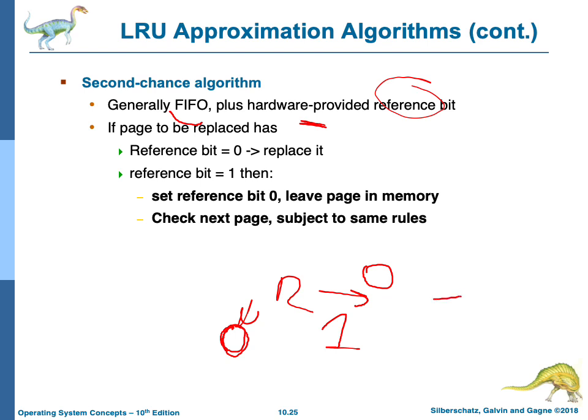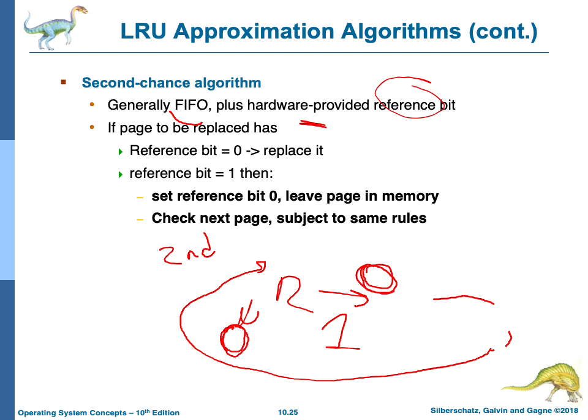And so we check our whole list of frames in first in, first out order, and then we go back again in the second pass, and the first page that has a reference bit equal to 0 will be replaced immediately. Okay, so it's like we're doing two passes.